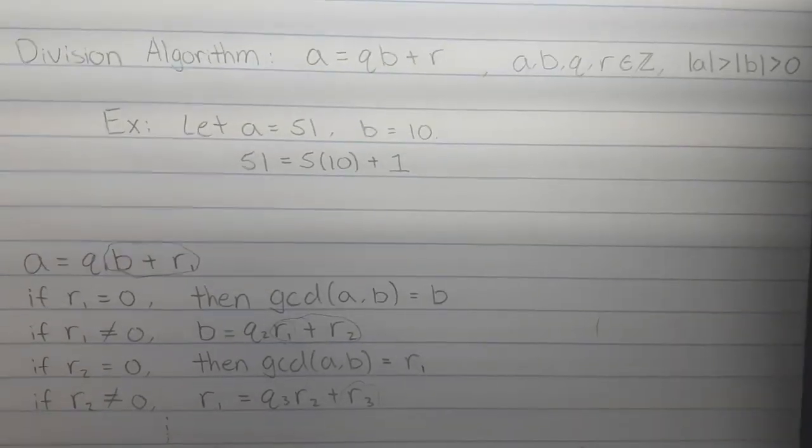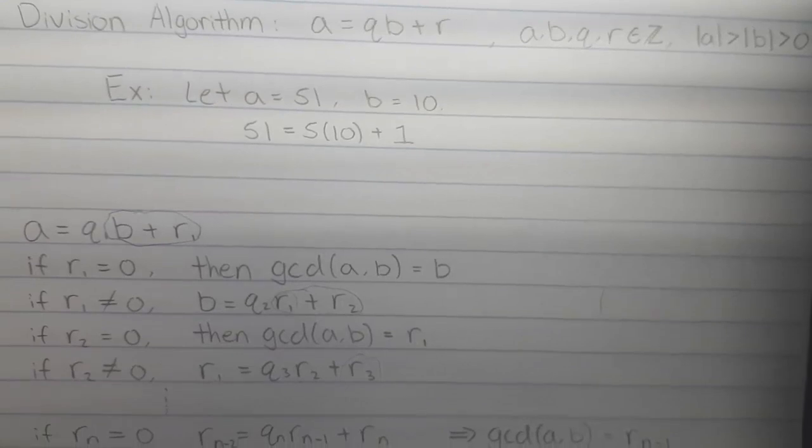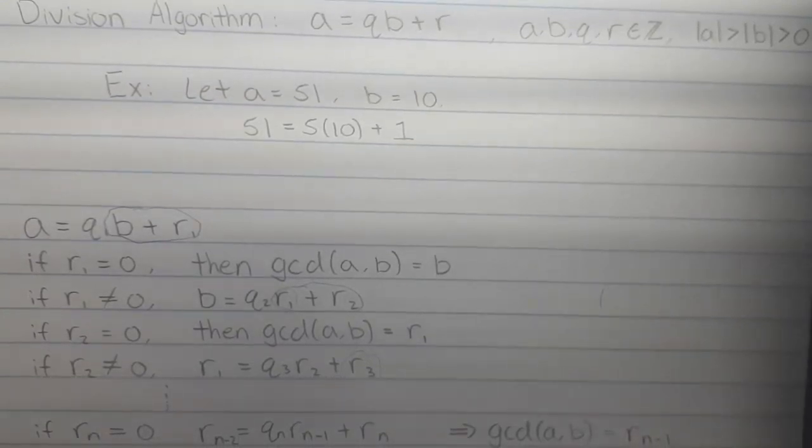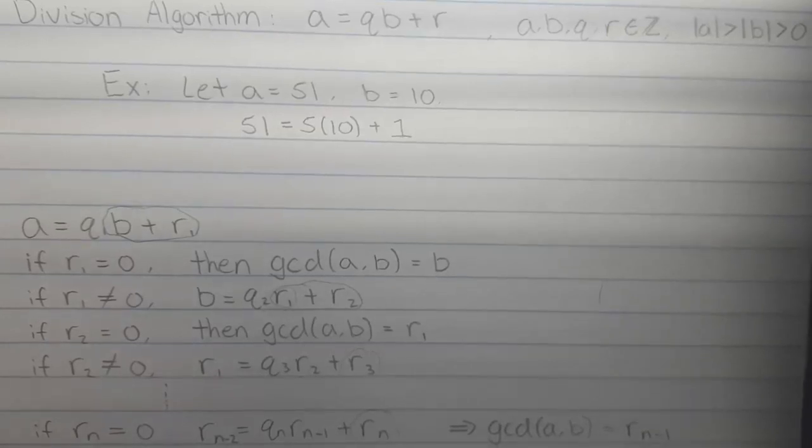And this pattern will keep on continuing until we have a remainder that is equal to 0. We'll call that remainder Rn, so Rn is equal to 0. Whenever the remainder becomes 0, we look at the previous remainder that is non-zero, and that is the greatest common divisor. So here it will be Rn-1.